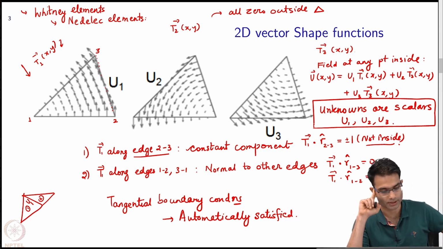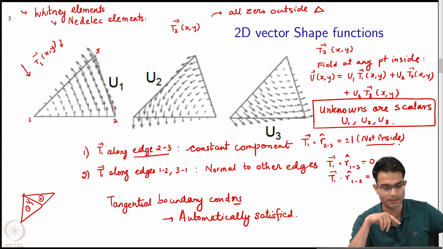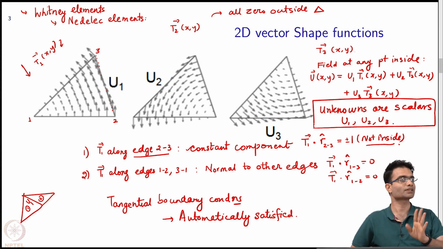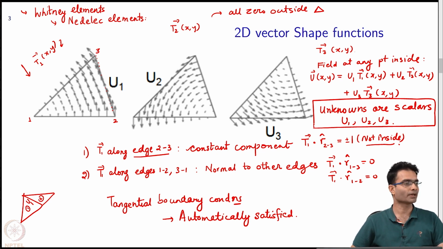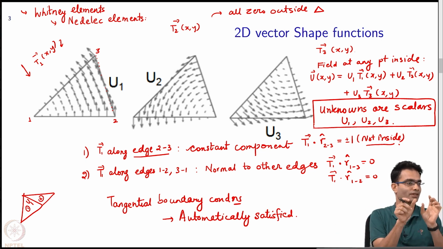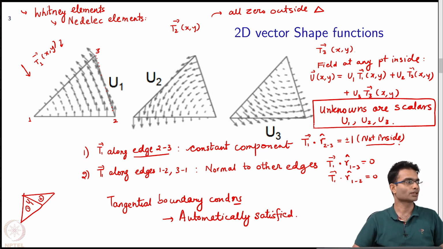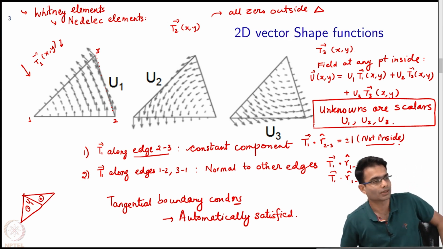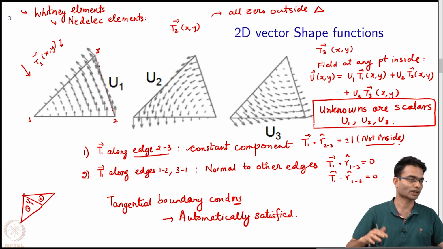The question is, if I have two adjacent triangle elements, then what about the direction of these arrows over here? That we will come to when we get down to implementation. We have to make sure that along a particular edge there is a consistency in which direction the vector field is going. This all gets taken care of under local to global conventions.